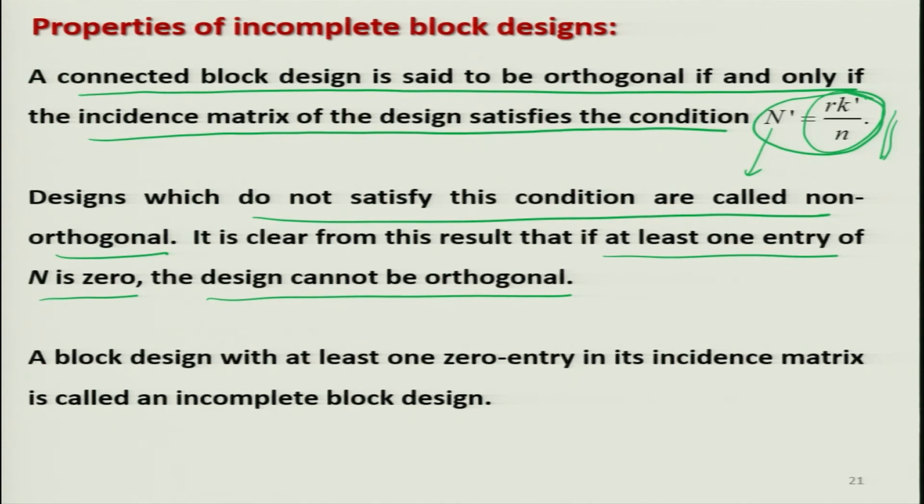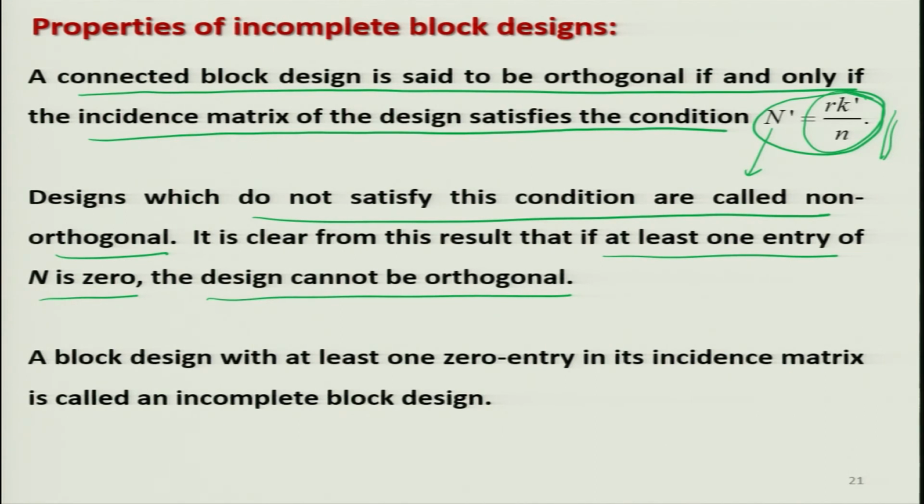And that is why, when we considered the concept of incomplete block design, initially we had taken the definition of Nij, and we had said that Nij can take value 0, can take value 1, or can take any value. This is simply trying to indicate how many times the jth treatment occurs in the ith block. And then in the case of incomplete block design, you have the flexibility that a treatment may appear in a block or it may not appear in a block.